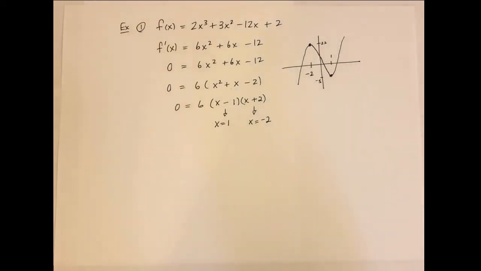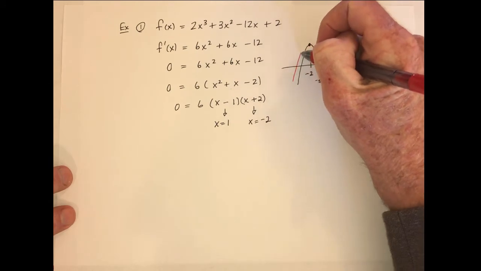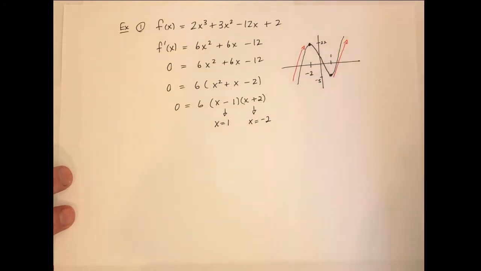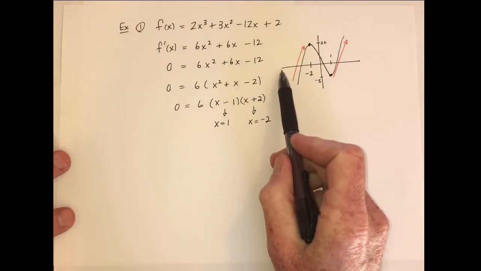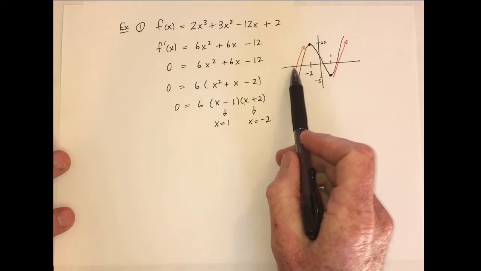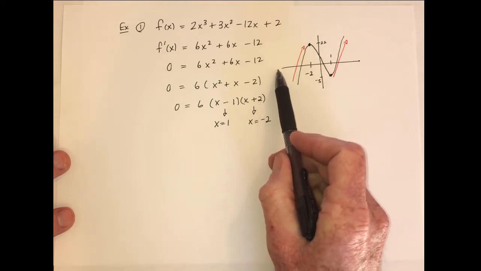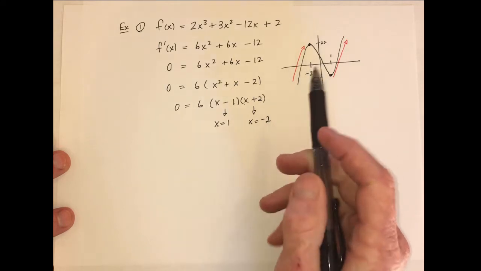And then where is it increasing and where is it decreasing? So this is the part that's increasing, and also this part is increasing. So when you talk about where it's increasing, we're really talking about on the x-axis, for what values of x is it increasing? So that would be from -infinity up until -2.